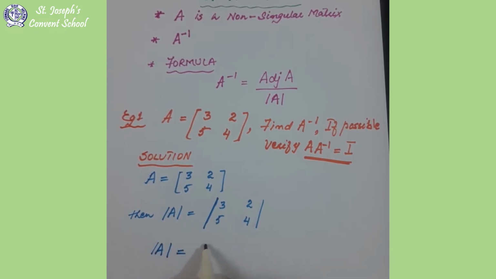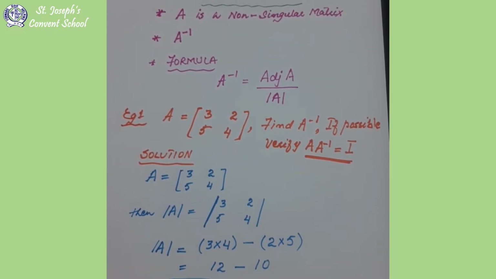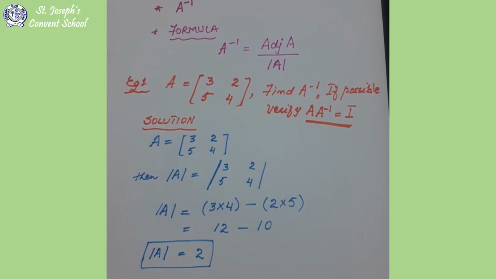Determinant of A is first into last, 3 into 4, then minus sign, second into third, 2 into 5. So 3 into 4 is 12, minus 2 into 5 is 10. So determinant of A is 2. 12 minus 10 is 2.